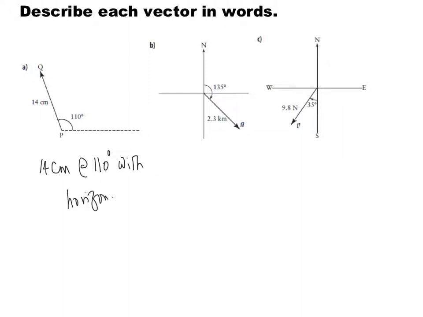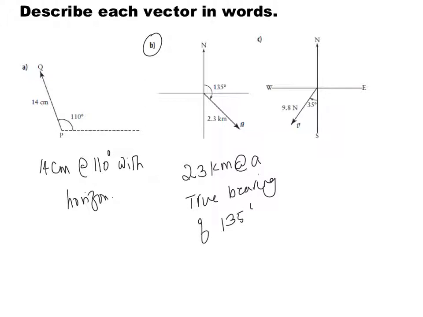The next one, which is B, since we are given the angle 135 degrees with north, I can use true bearing, and I can say 2.3 kilometers at a true bearing of 135 degrees.